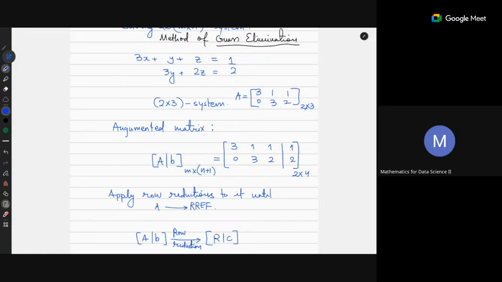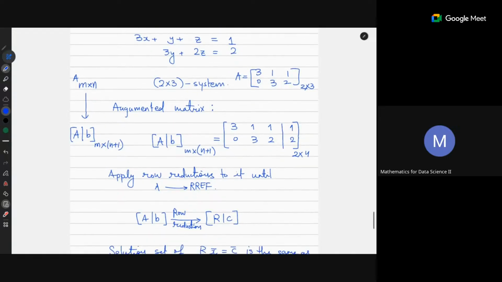In general, you will have some m cross n coefficient matrix, and you can convert it into an augmented matrix with an additional column. This is how we obtain the augmented matrix.